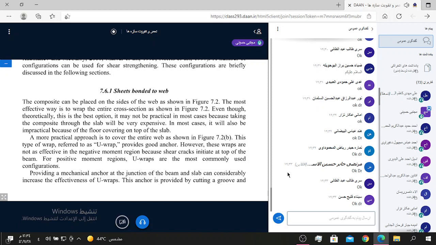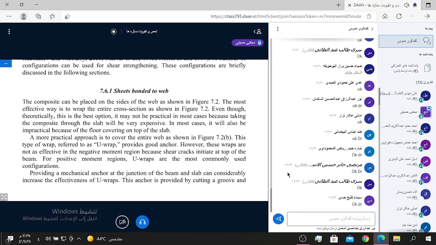Even though theoretically this is the best option, it may not be practical in most cases because taking the composite through the slab will be very expensive. In most cases, it will also be impractical because of the floor hovering on top of the slab.